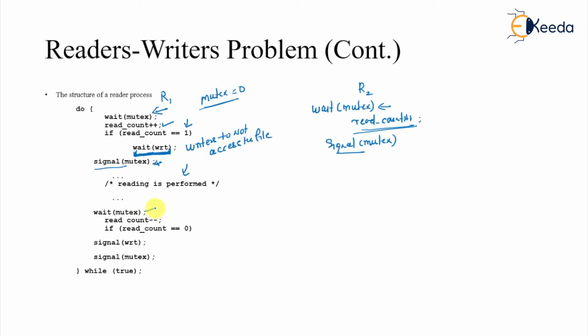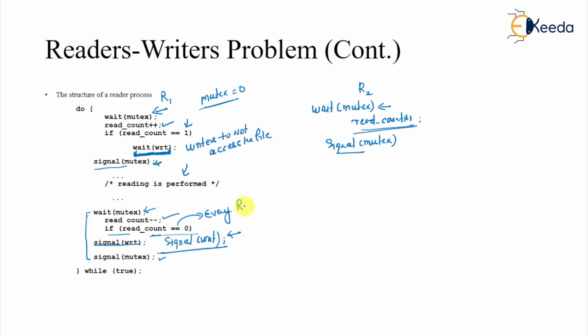Upon exiting, a reader will perform wait mutex, the read count will be updated, and every reader will check if read count is exactly equal to 0. Only in that case will it signal WRT, allowing the writers to go and write the file. Then it signals mutex. This is done by every reader.